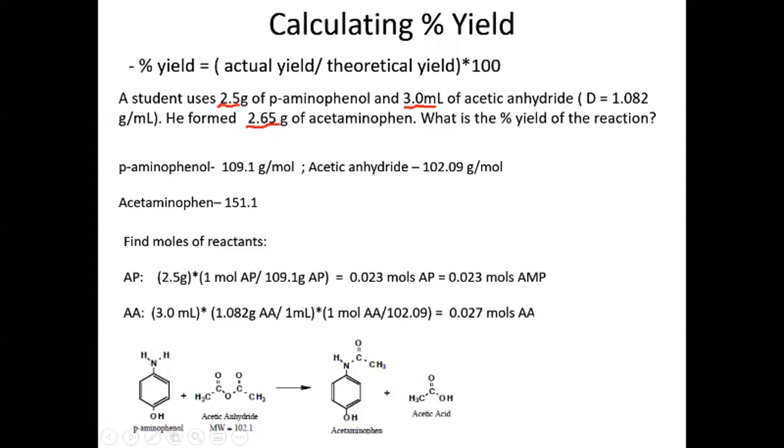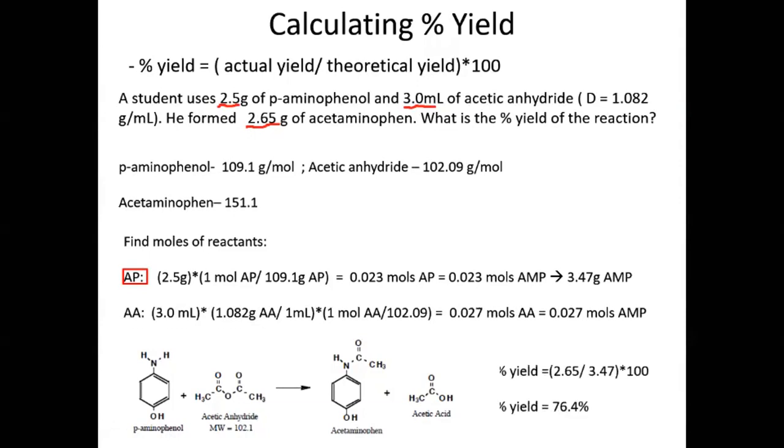So in this case, para-aminophenol produces the fewer moles of product, so it's our limiting reagent, and then we can find the theoretical yield. Once we know the theoretical yield, we can calculate the percent yield. So this is the most common calculation you do in organic chemistry. So don't forget how to do this.